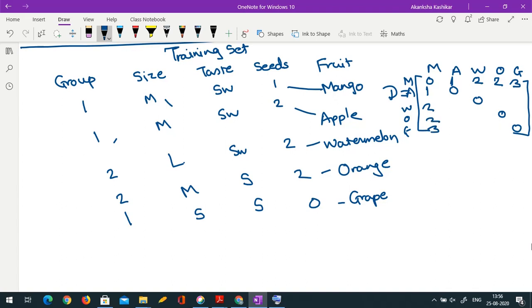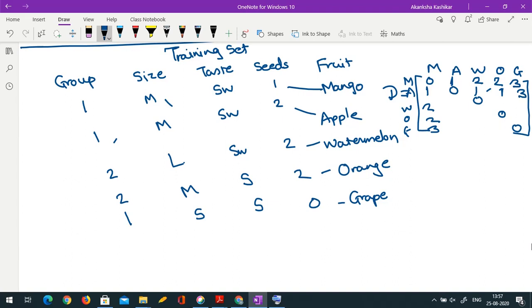Now the distance of apple from others. Apple to watermelon is 1, 0, 0, so the distance is 1. Apple to orange is 0, 1 and 0, so basically 1. And then apple to grape would be 1, 1, 1, so 3.